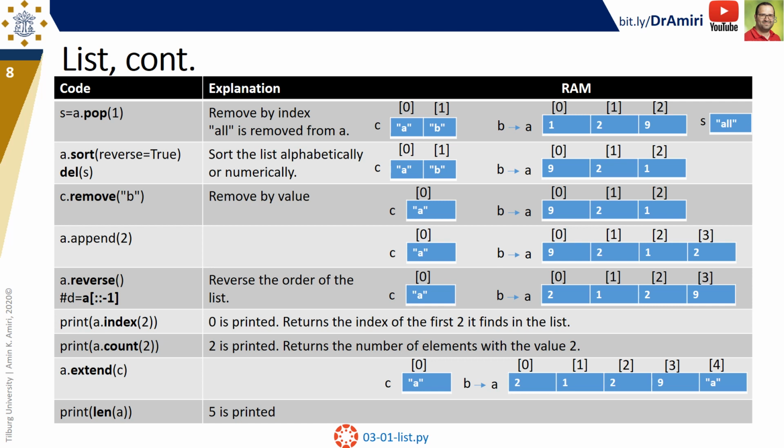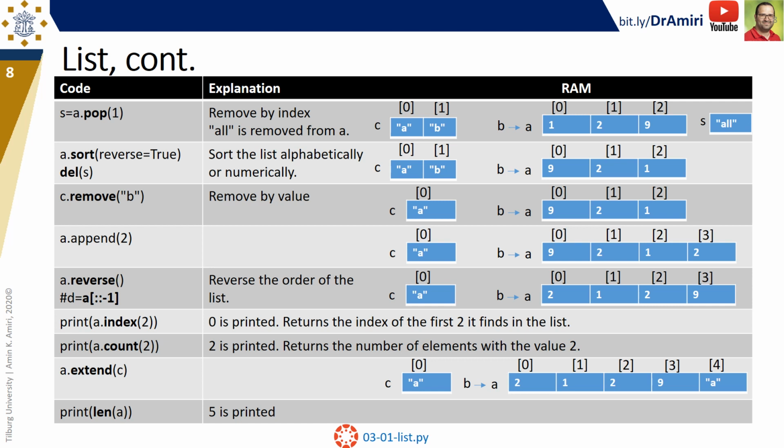You can use another popular method called sort. Sort can order the list alphabetically or numerically. If you don't give anything, it's sorted according to the popular way of sorting, from A to Z, from 0 to 9.